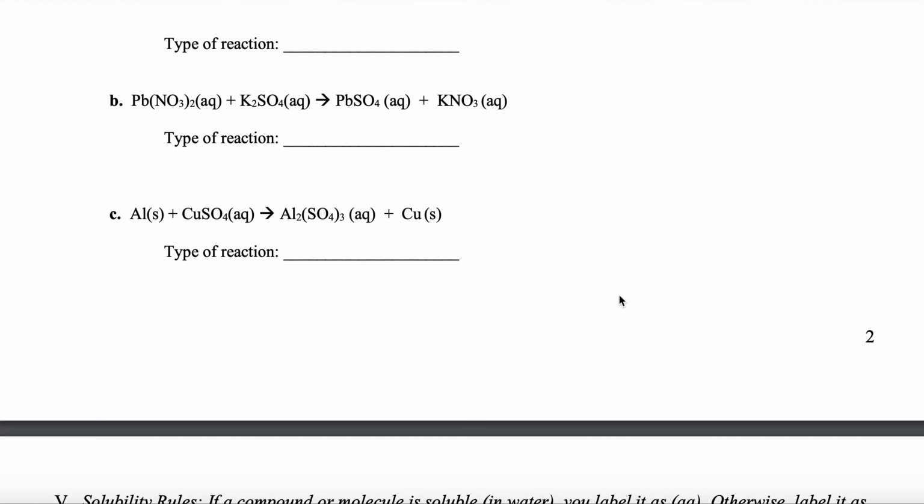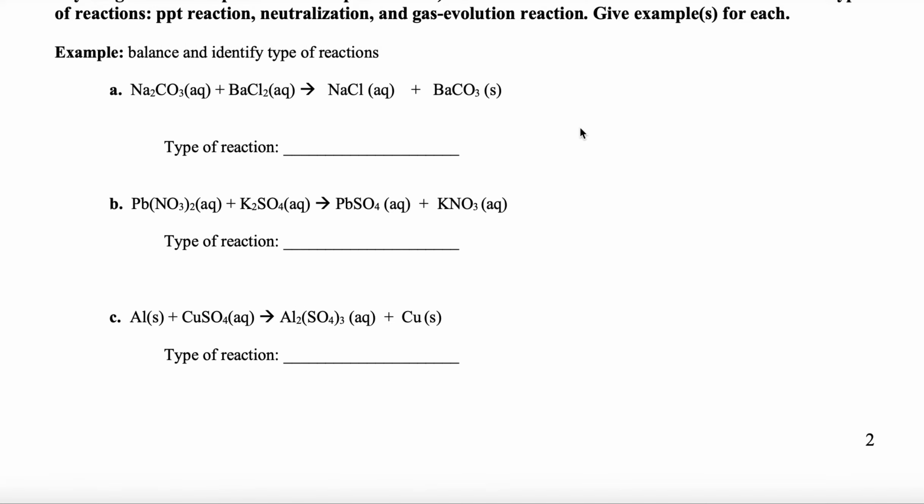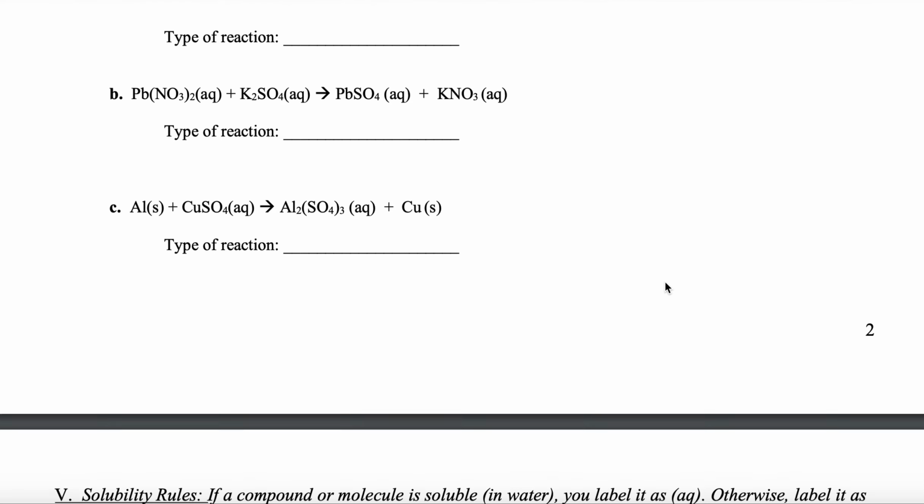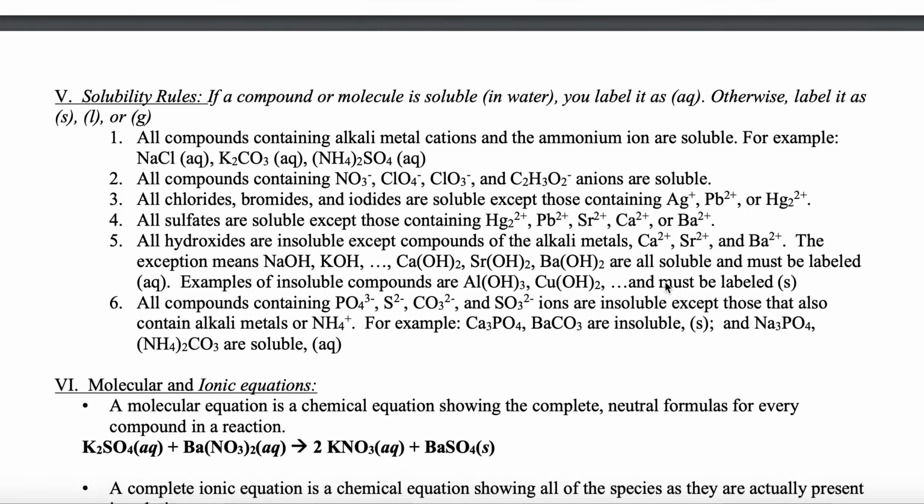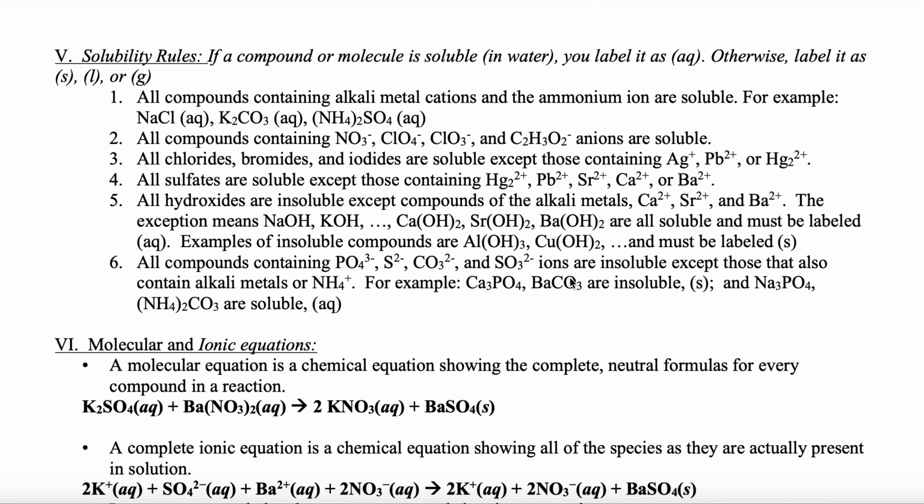Now notice that we identify barium carbonate as a solid. And how do we know that? Well, we have a set of rules that help us to identify the solid. Solid compound means precipitate or insoluble. Here's the hint right here.